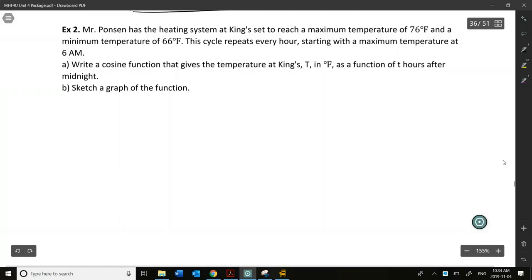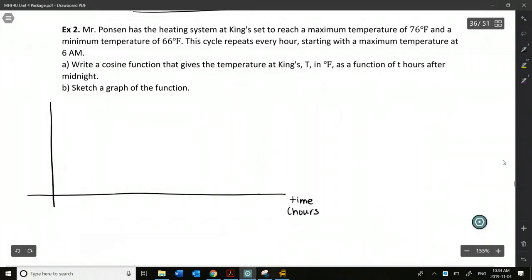Okay, I'm going to start with a sketch here. So x here is time in hours after midnight, and y here is temperature in degrees Fahrenheit.